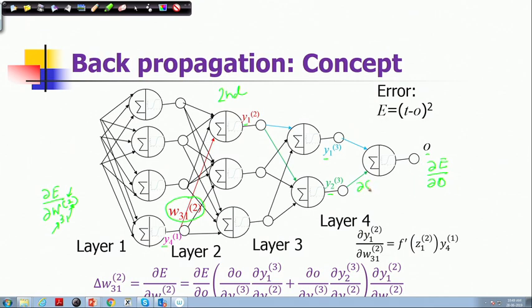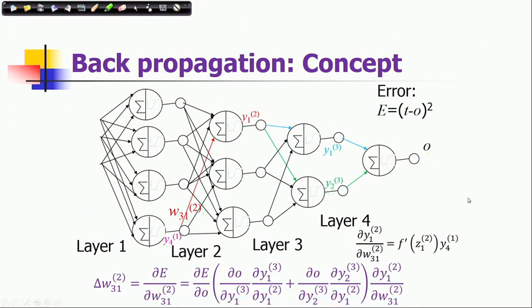So, I need to compute delta O delta yt3, that means with respect to this. Similarly, I need to compute the derivative with respect to this. Then I need to compute the derivative of this with respect to this. In between there is a functional block here, so we will have to consider that. In this way we have to compute. Only these derivatives are to be computed and then we can find this one.